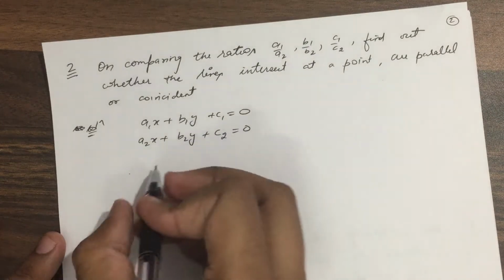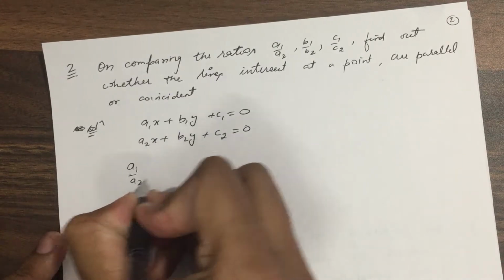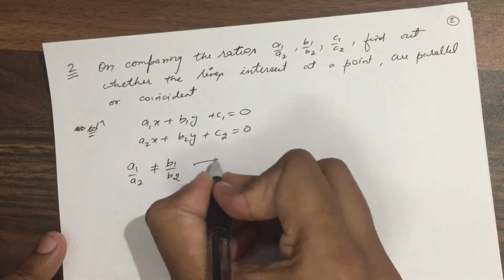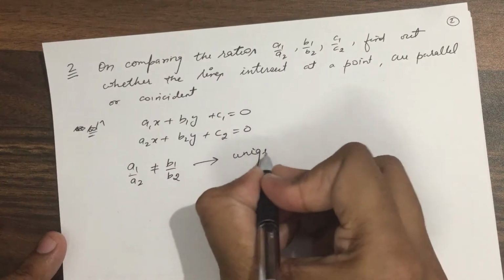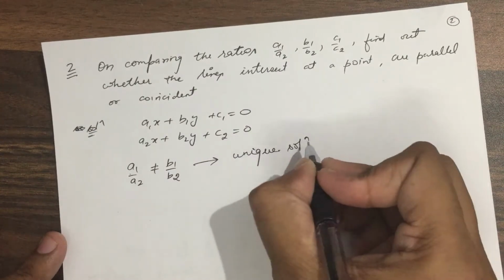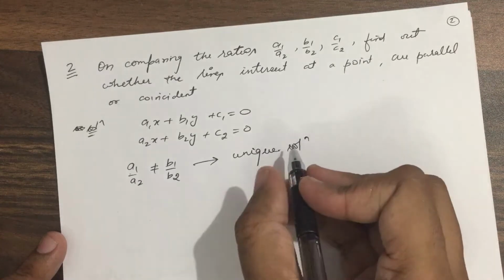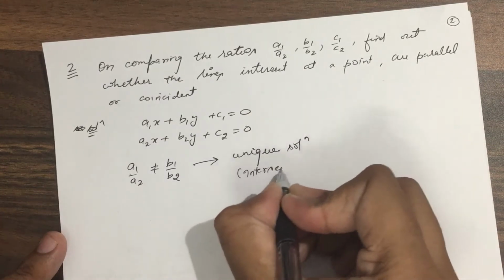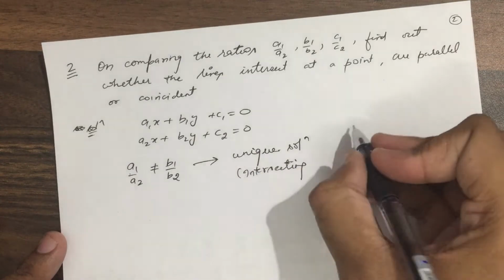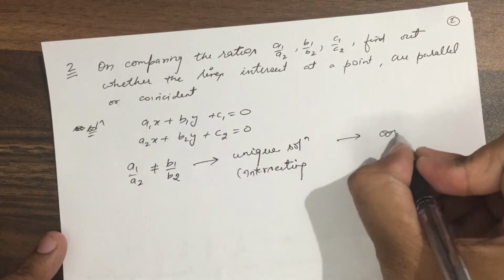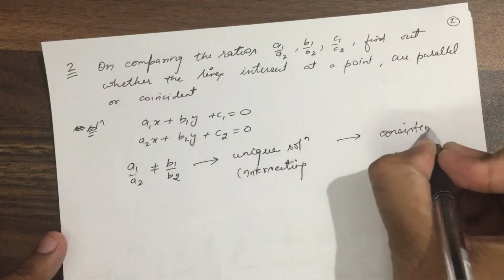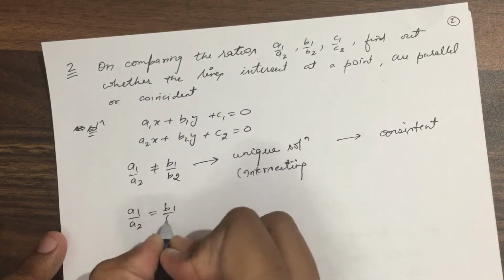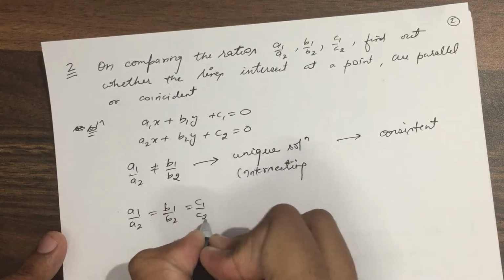When a1 upon a2 is not equal to b1 upon b2, then there will be a unique solution. I have already told you this, but I am reminding you again because it is an important concept. The lines will be intersecting, or you can say the solution is consistent.